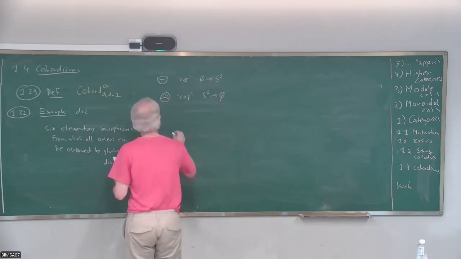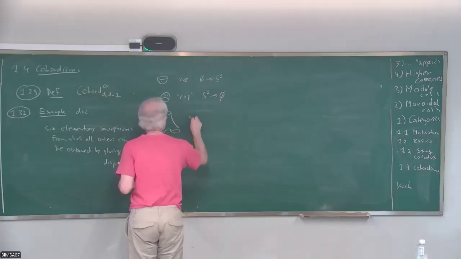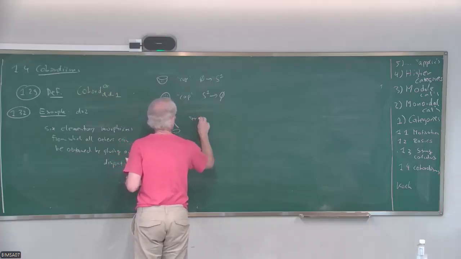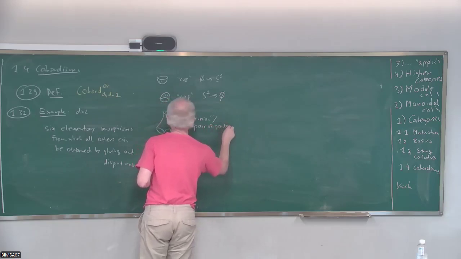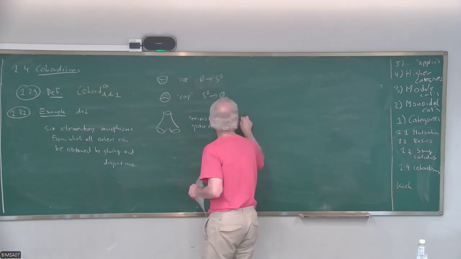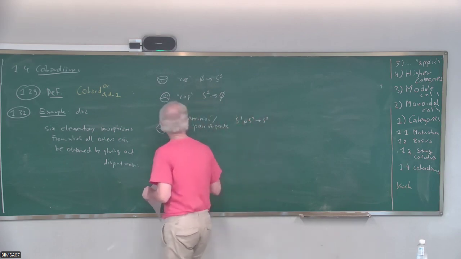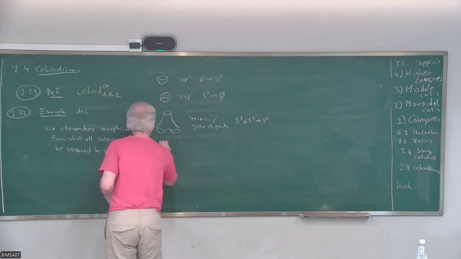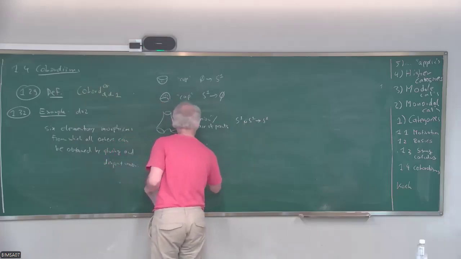And then we have what is called a trinion, or also pair of pants, which goes from S1 disjoint union with S1 to S1. And then there is the opposite trinion. I don't write the term here. It just goes in the other direction.